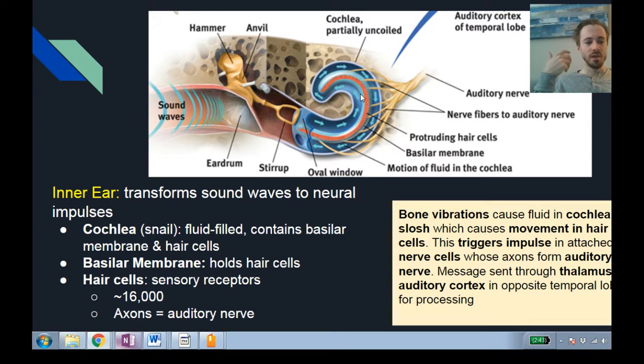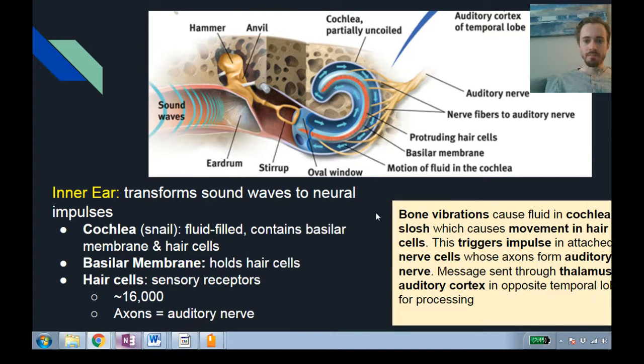And those hair cells receive what's happening, transform it into action potentials that can be coded and then understood in the auditory, sorry, auditory lobe.